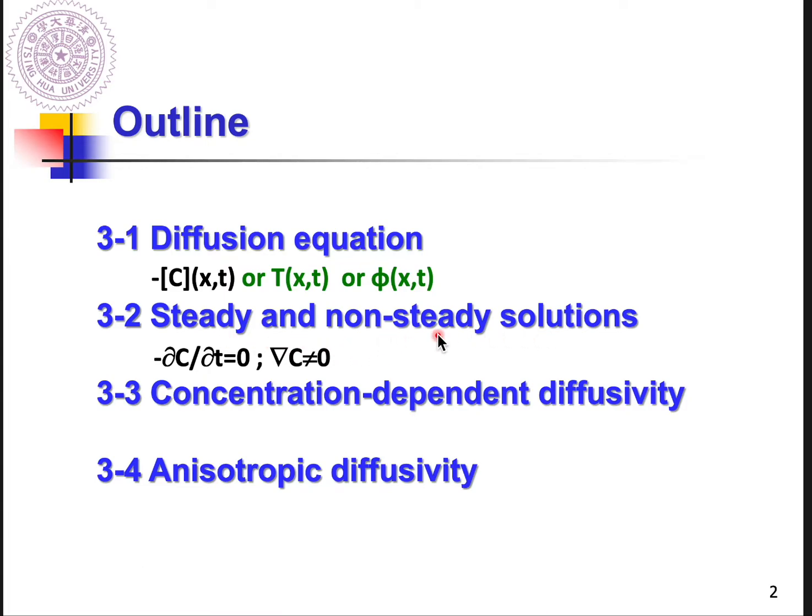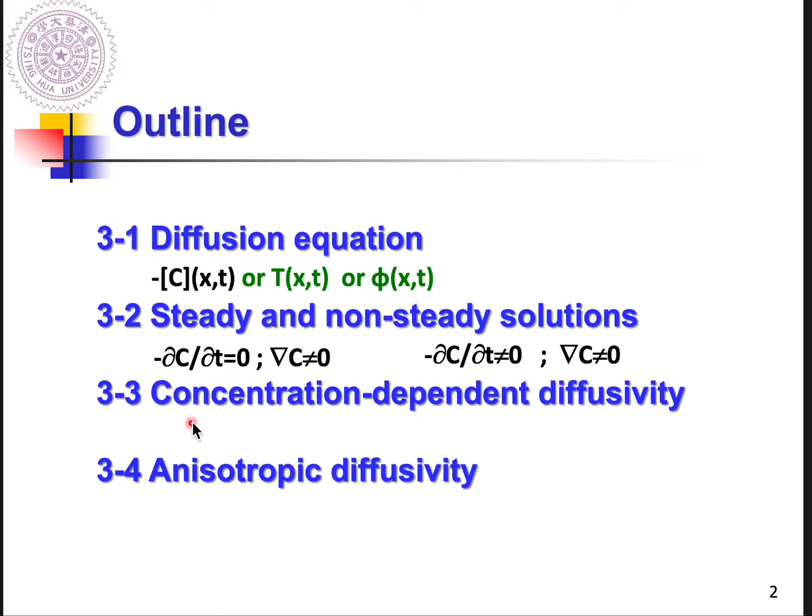Non-steady state means the concentration of the diffusing atoms changes with time, and there definitely exists a concentration gradient along your materials. Under these 2 different boundary conditions, you can get the corresponding solutions to find how the concentration of diffusing atoms changes with location and time.